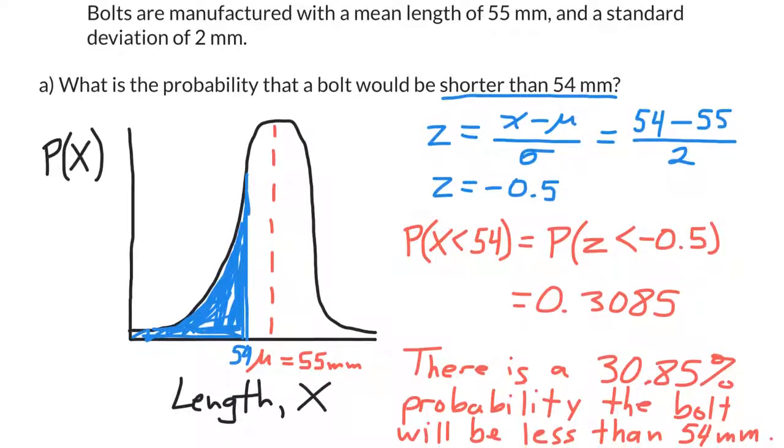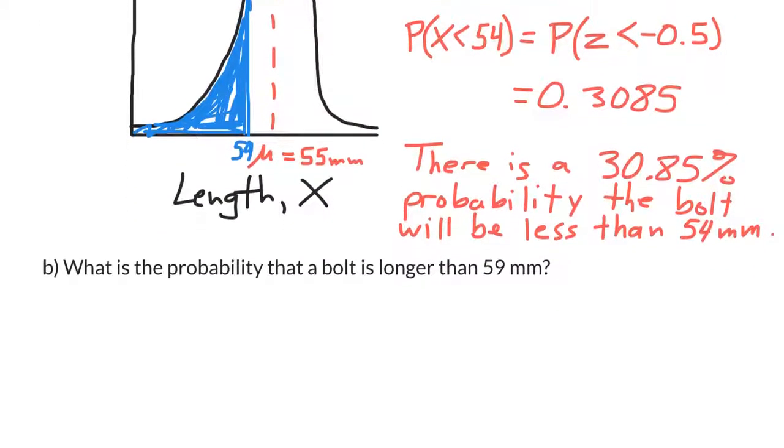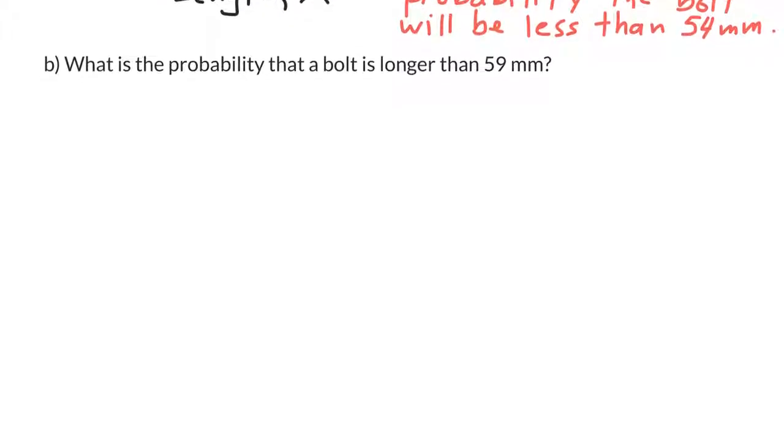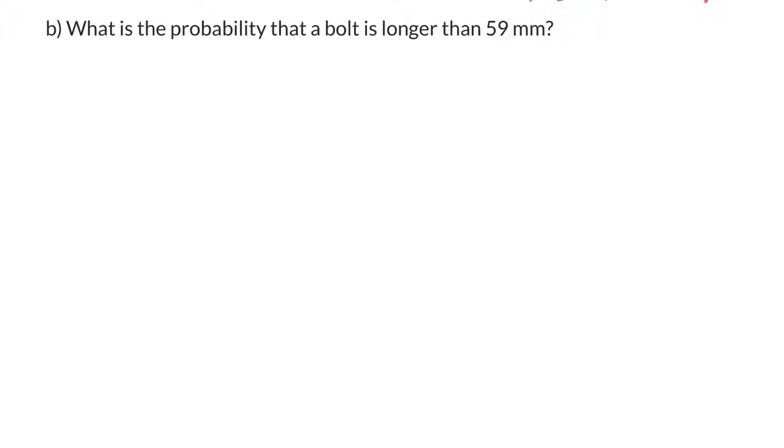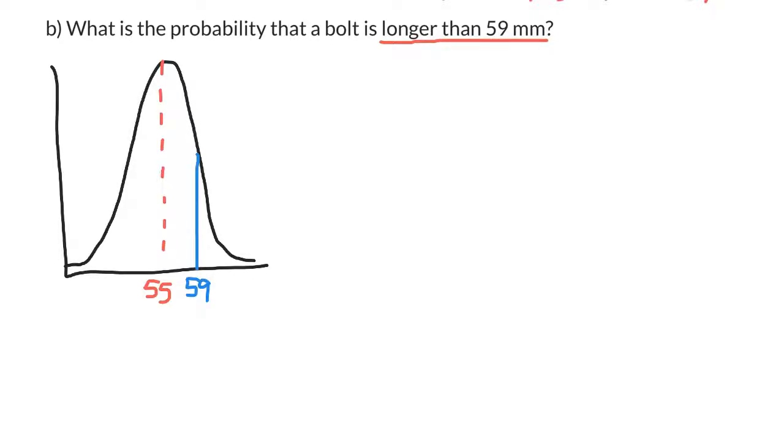So now we can ask a different question with the same situation. What is the probability that a bolt is longer than 59 millimeters? This question's a little bit different because it's asking for when it's longer than 59 millimeters, not shorter. So in my normal distribution, 55 millimeters is the mean, 59 is on the right side of it, and it's asking for the probability that it's longer than 59 millimeters.